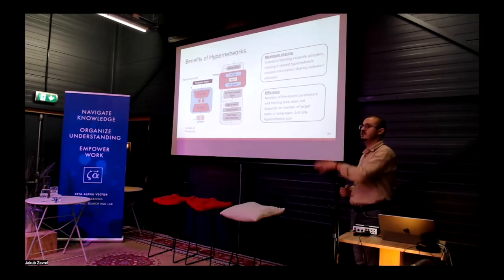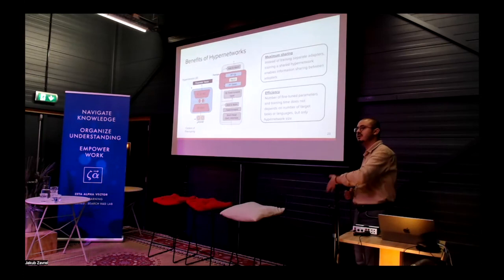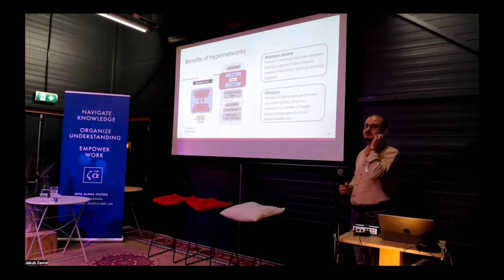If you have a language that you don't have training data for, you cannot learn a language embedding. But if you have something that can give a language embedding as a black box, then you can use it for zero-shot. Like, can you parameterize on the output of, say, running GPT-3 on the name of your task? Yeah, you can, or even simpler, let's say you have typological features. You can project typological features to a language embedding. Then when you have a new language, you can just generate a language embedding and use it with the hypernetwork.